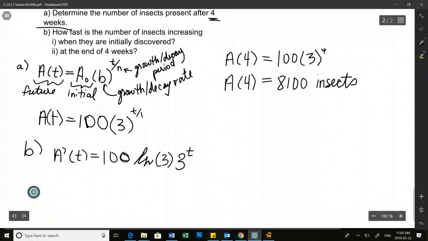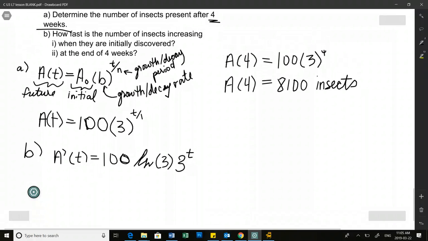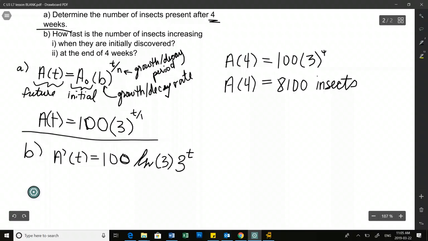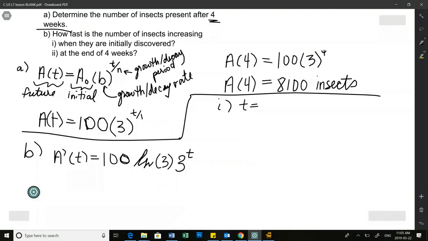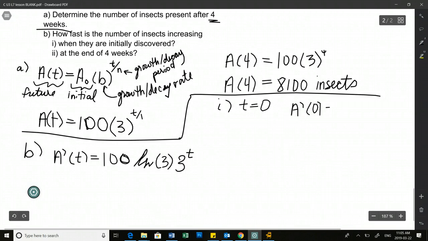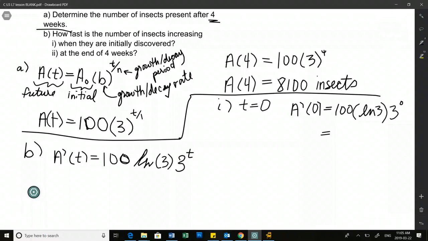For part I, what's initial time? 0. So I'm interested in A prime at 0, which will be 100 times ln 3.